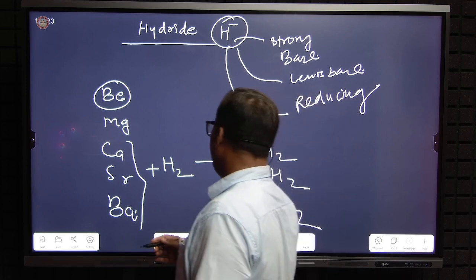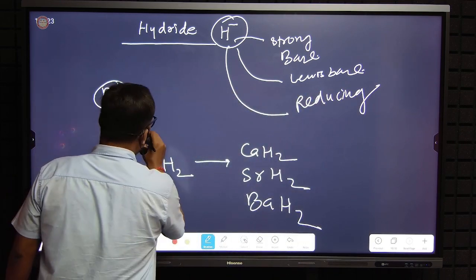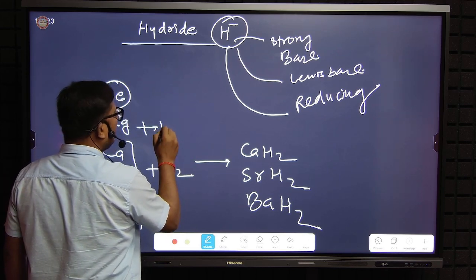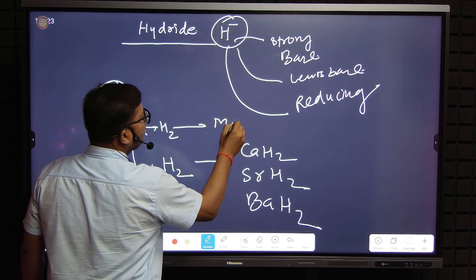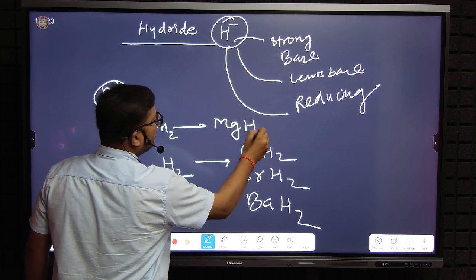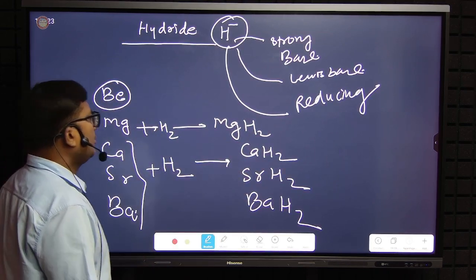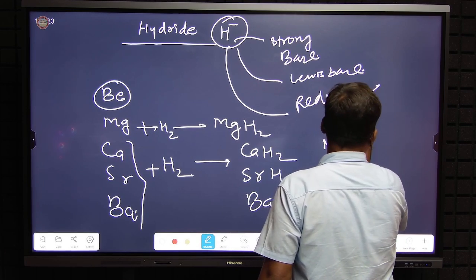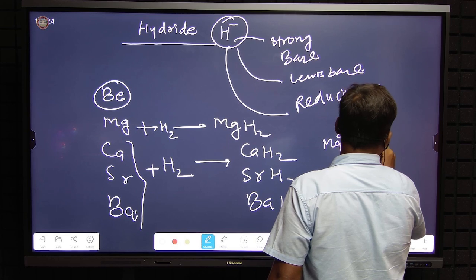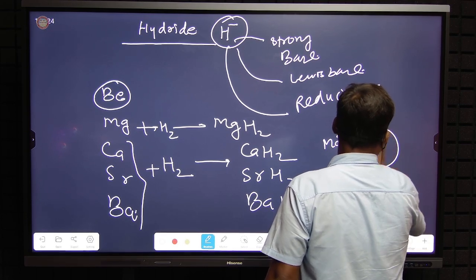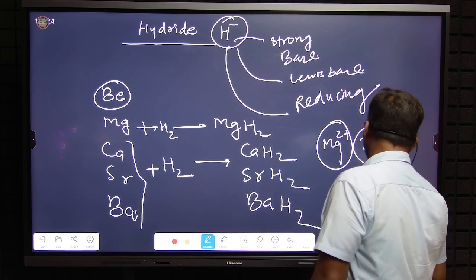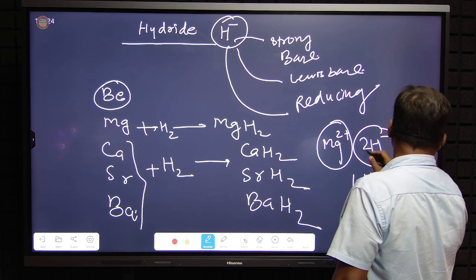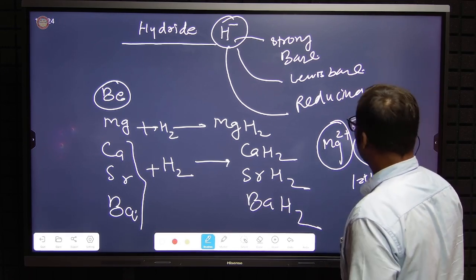Magnesium forms MgH2. Here Mg 2 plus and 2H minus exist in the ionic state, so Z plus times Z minus equals 2.